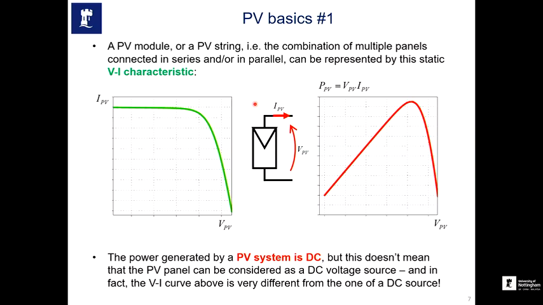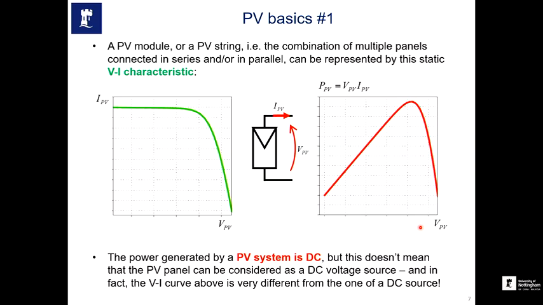Once I give you a panel which gives a certain voltage and current, if you want more voltage for your home, you will connect a lot of panels in series. If you want more current, then you put them in parallel. That's the standard. But whatever you do, at the end of the day, it will give you a certain voltage and current. And this is the IV characteristics.